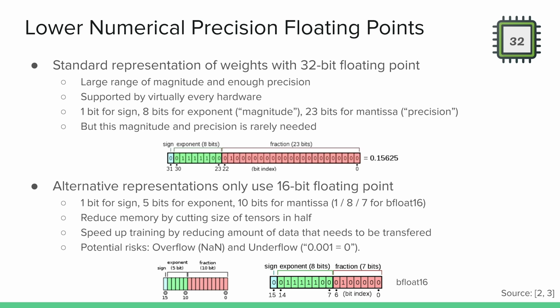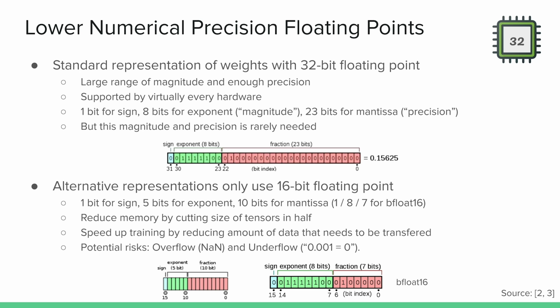And basically every hardware supports 32-bit floating points. One of those bits is used for the sign, to say whether we have a positive or negative, 8 bits for the exponent, which says how big our numbers can get, and 23 bits for the mantissa, which says how precisely we can represent our float number.